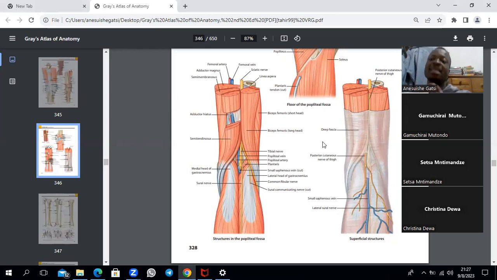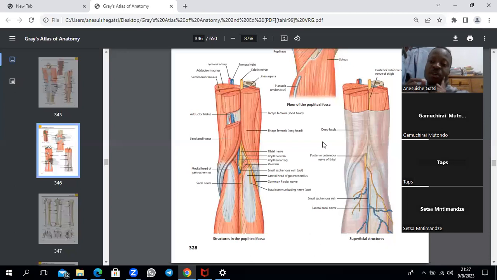Friends and family, when we say deep and superficial, I'm not speaking in relation to the leg. I will tell you when we get to the ankle why one is deep, one is superficial. It has nothing to do with the leg. The deep peroneal innervates muscles in the anterior leg.